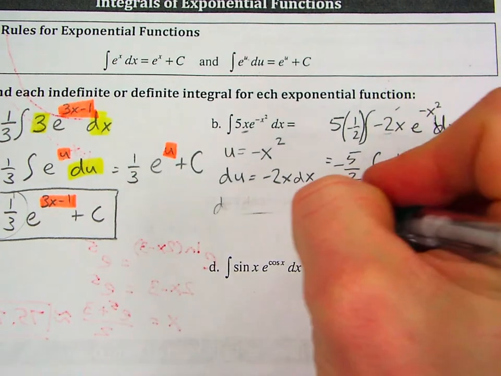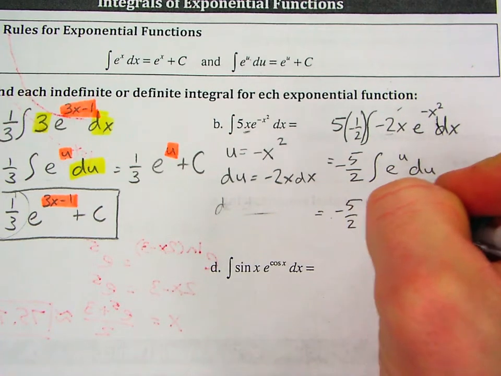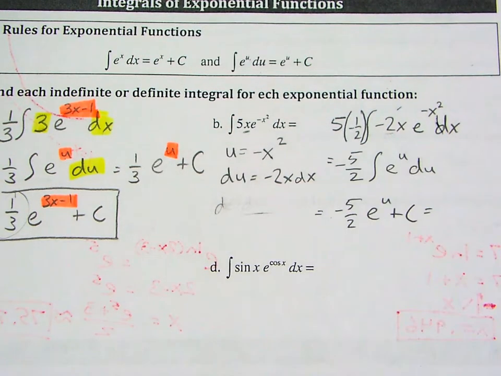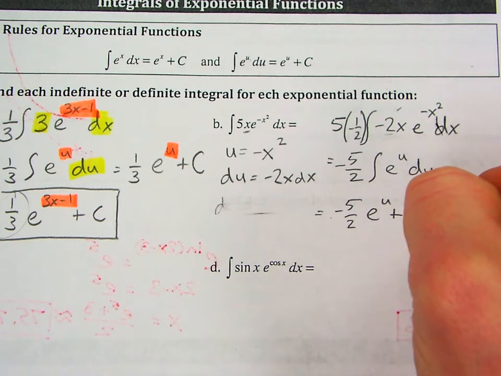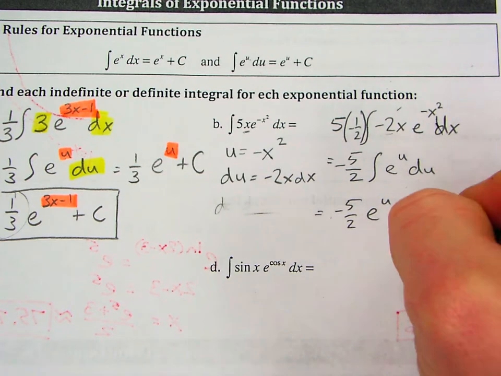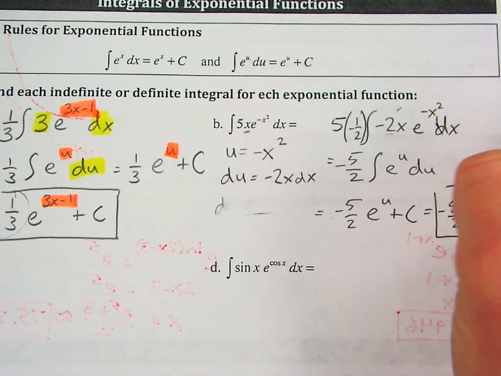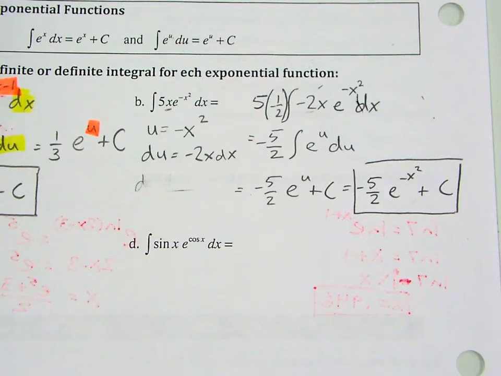So now we can integrate negative 5/2 e to the u plus c, and then substitute u back in. And there we go. Any questions there? Andrew, did your way work out? Yeah. Okay.